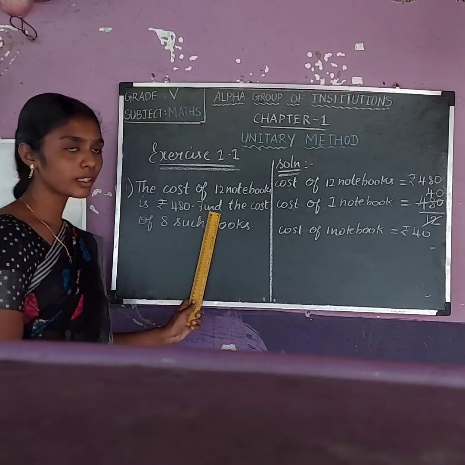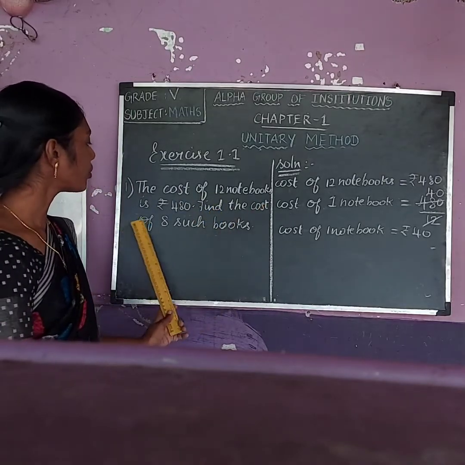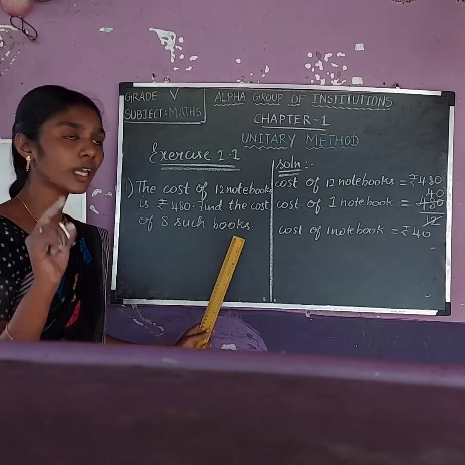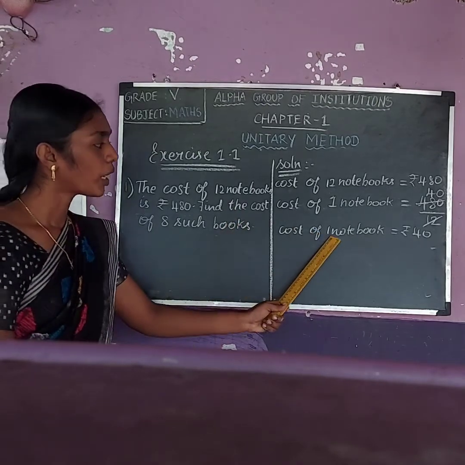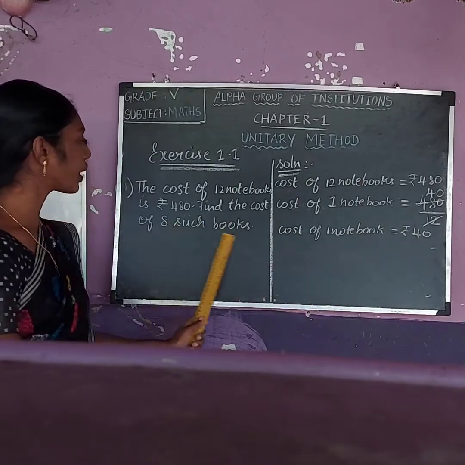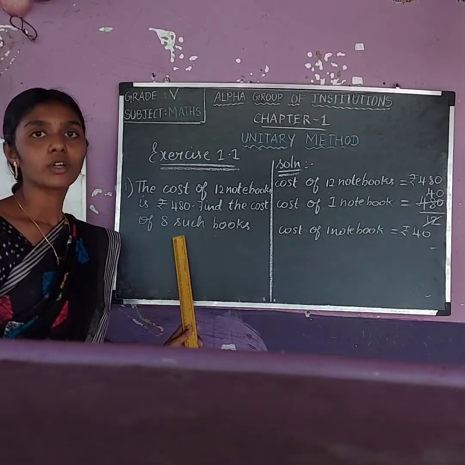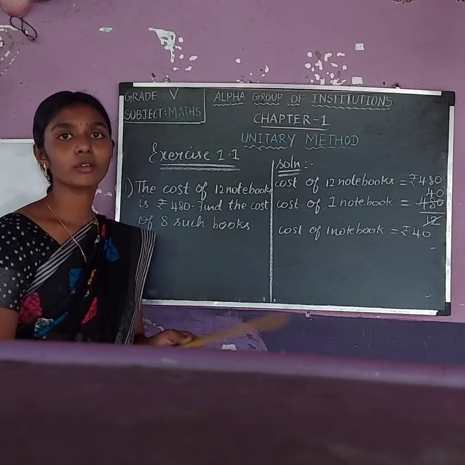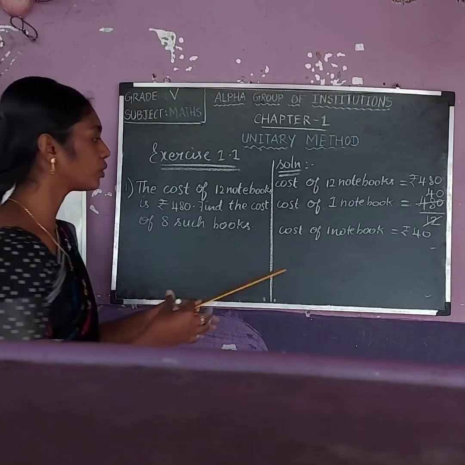Next, what they ask is to find the cost of 8 such books. They are asking us to find the cost of 8 notebooks. So the cost of one notebook, the unit value, I know. Now I want to find the many-unit value. Unit value is given and we want to find the many-unit value, so we multiply these two numbers.